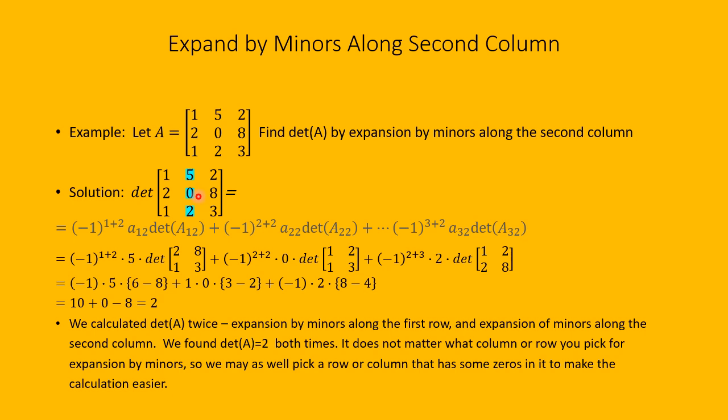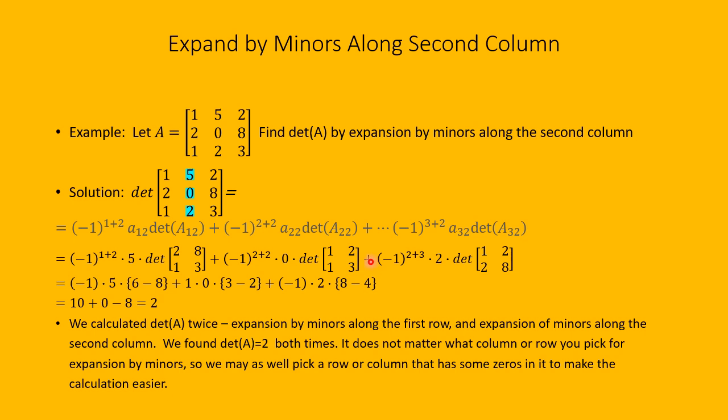And this is the 2,2 element. So we're going to have minus 1 to the 2 plus 2, times this element, 0, times the determinant that we get by crossing out the row and the column of this 2,2 element. So the submatrix we get is 1, 2, 1, 3, which we have right here.